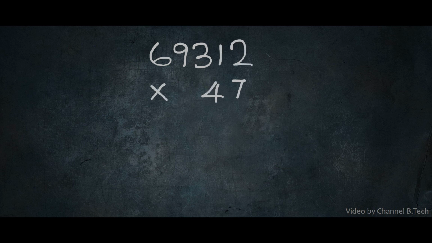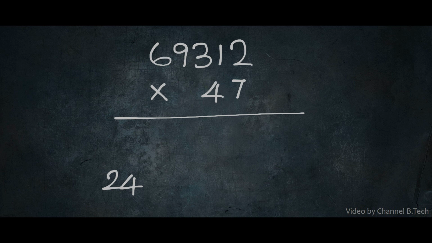Let us take one more example and see how much time we will take to solve this particular multiplication. So I am going to take some random numbers here. 6, 9, 3, 1, 2 multiplied with 47. Now 6 into 4 is 24. 6 into 7 plus 4 into 9.